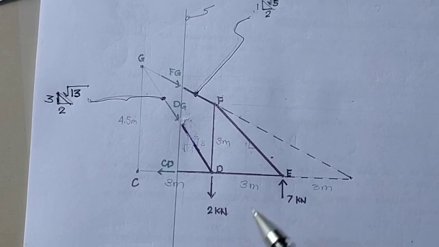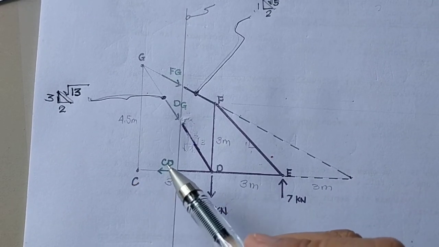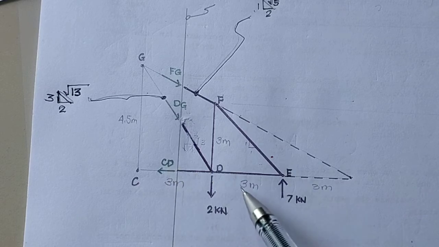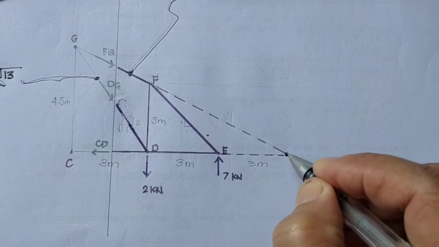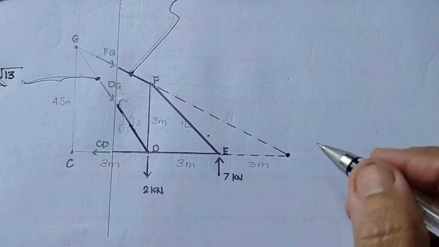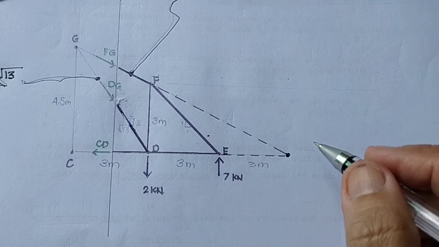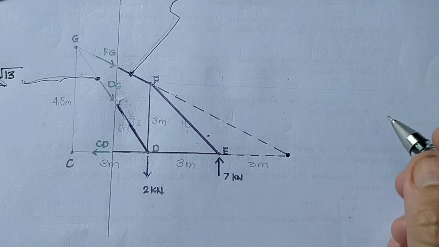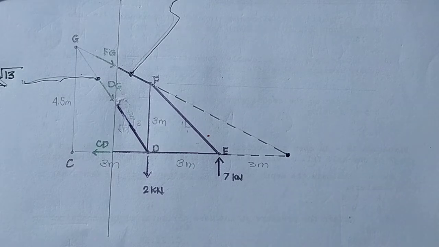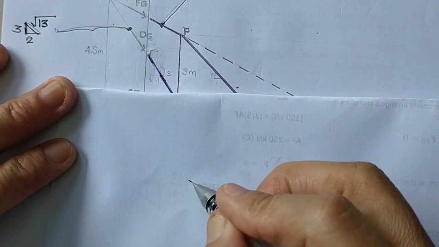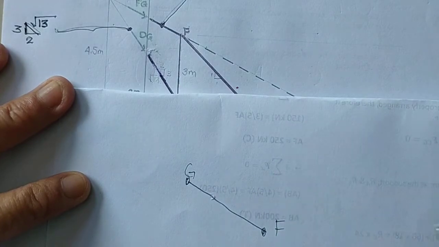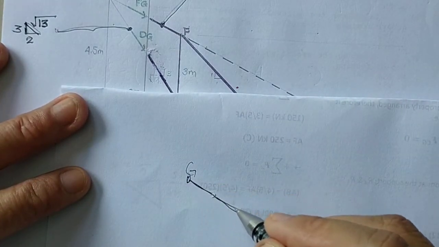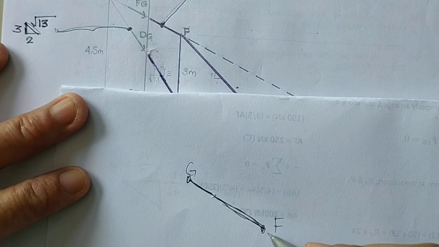So establish all the points where the members are connected. I draw the line here in order to use the transmissibility of force, to expedite or speed up the computation. When you say transmissibility of a force, let's say this is member GF, and it acts as a tension force.